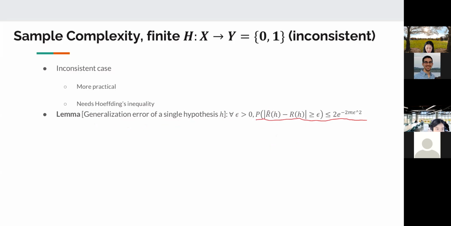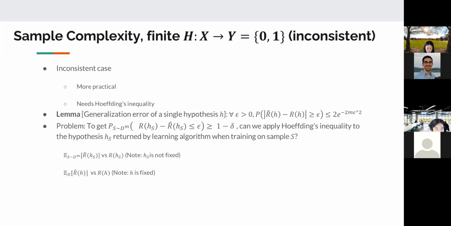So now that we have this lemma, what is the problem? The problem is to get the probability of R of h_S minus R hat of h_S smaller than or equal to epsilon to be greater than or equal to 1 minus delta. So the question is, can we apply Hoeffding's inequality to the hypothesis h_S returned by the learning algorithm when training on sample S? Can we do that?